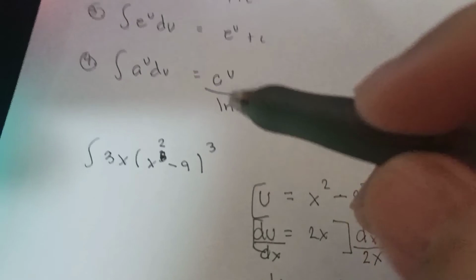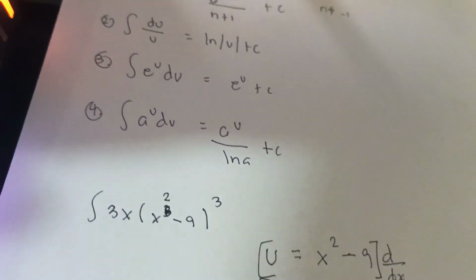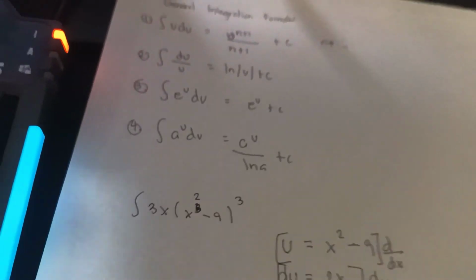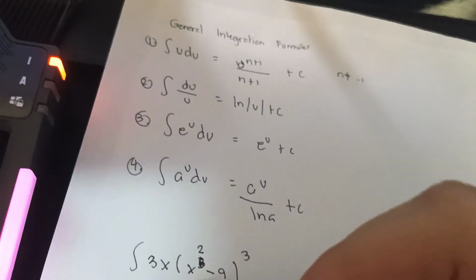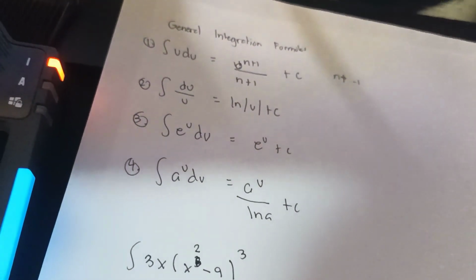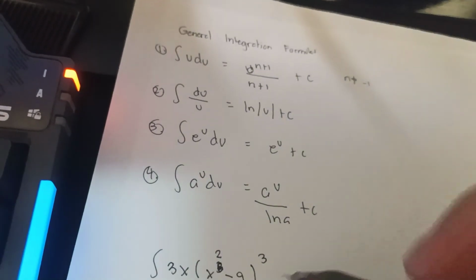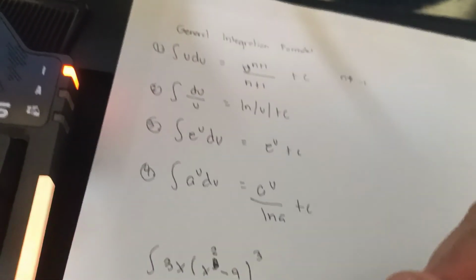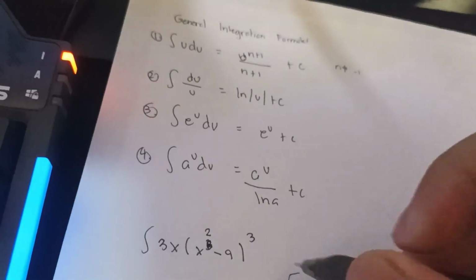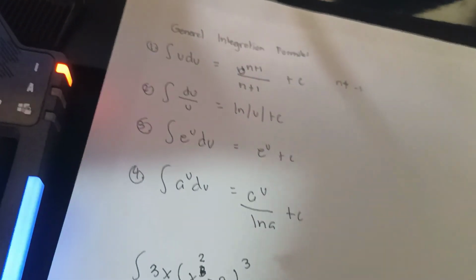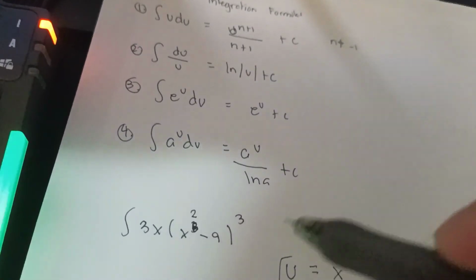So this is a problem or an example in general integration formula, which is u substitution. So our problem is the integral of 3x times x squared minus 9 cubed. First, we need to identify our u. Our u here is x squared minus 9, since the way I identify it, if it has an exponent and if it is inside open and close parentheses.